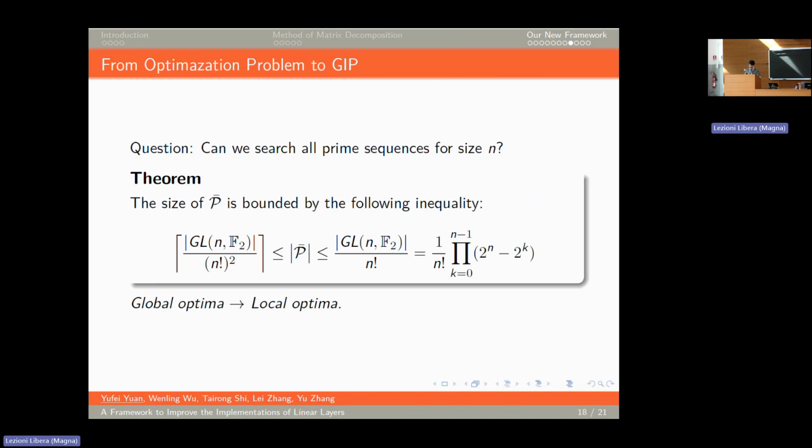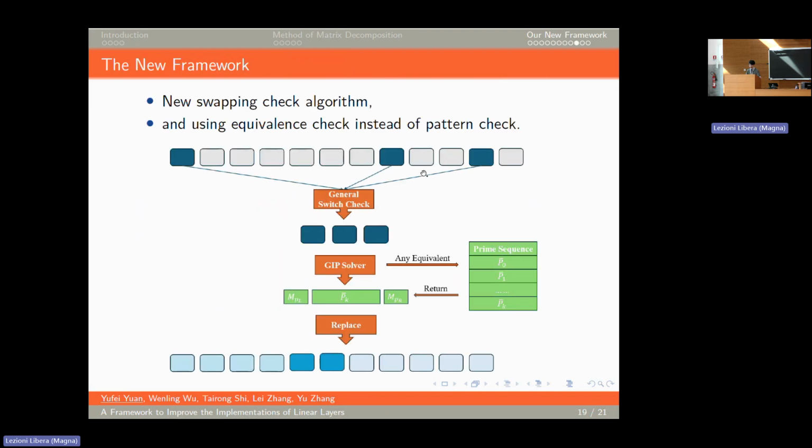Here the question is, can we search all prime sequences or equivalence classes for size n? And the answer is no, and we show it as a theorem. The size of the equivalence classes is bounded by the following inequality. The lower bound is exponential, so we have to search for local optima rather than the global optimum.